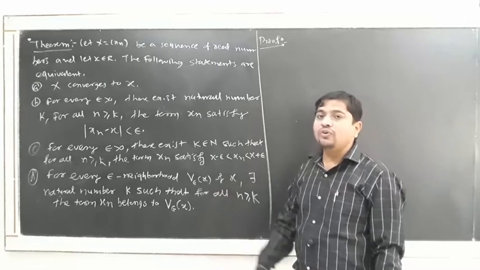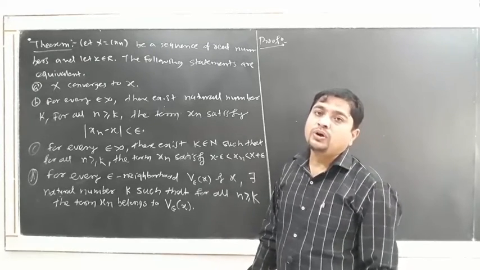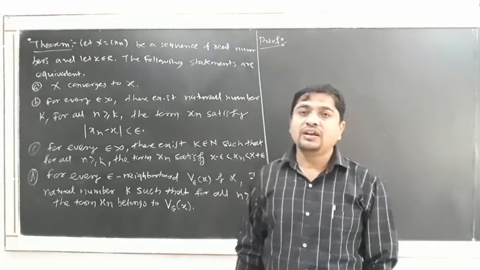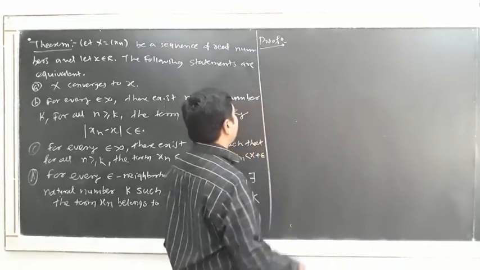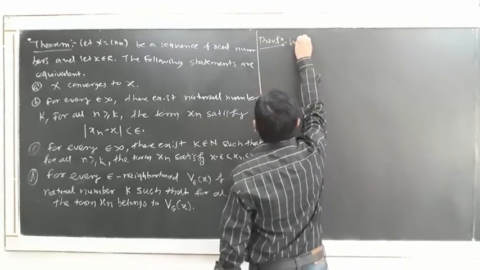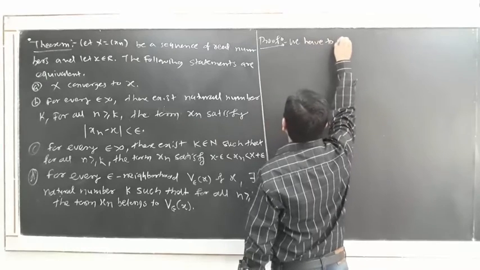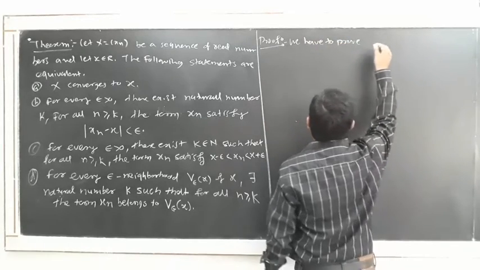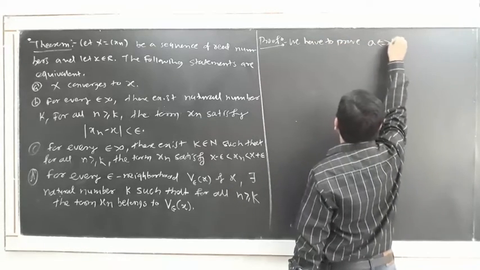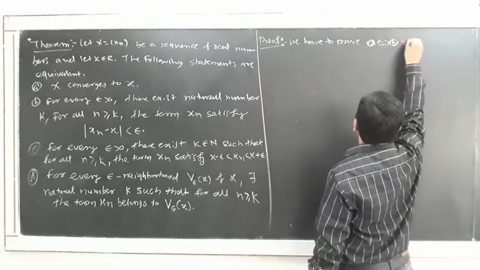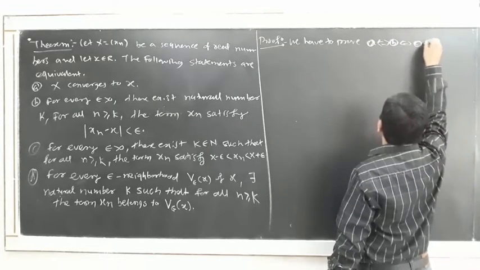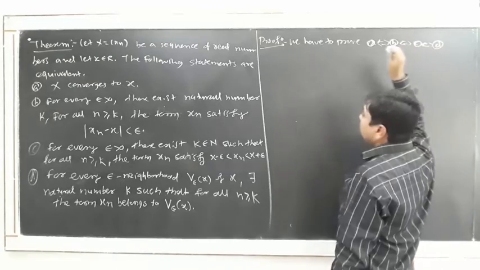So we have these four statements and we have to prove that all four statements are equivalent. That is, we have to prove A if and only if B, if and only if C, if and only if D.